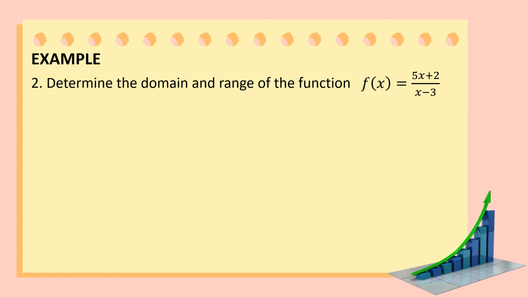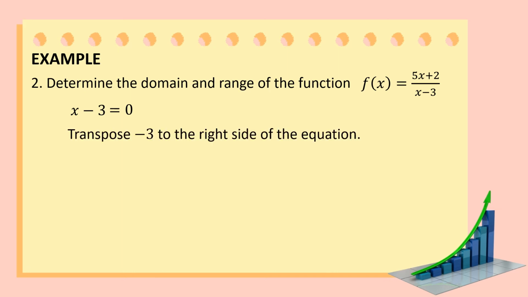So we copy our denominator, which is x minus 3, then we equate it to 0. Now we isolate x by transposing negative 3 to the right side of the equation. So we now have x equals 0 plus 3. x therefore is equal to positive 3.